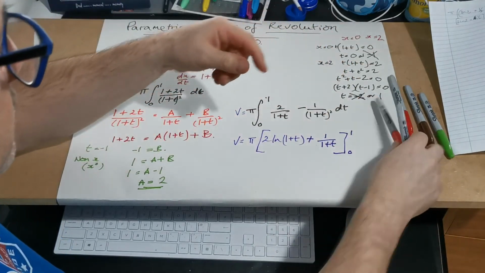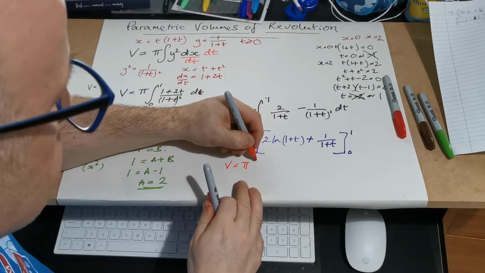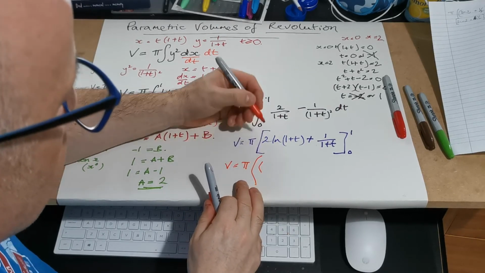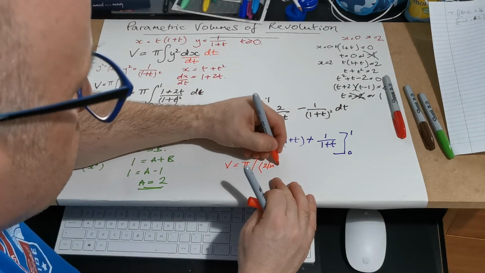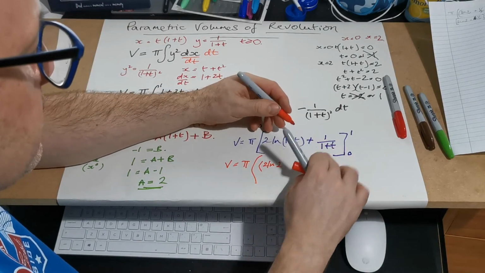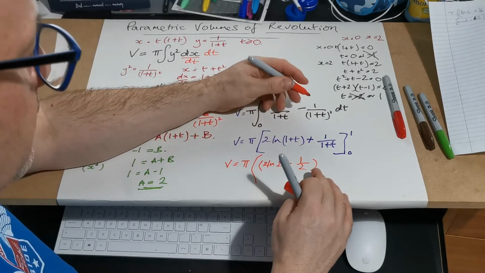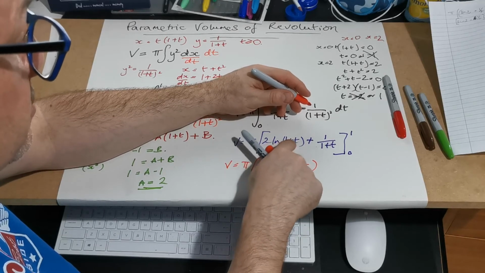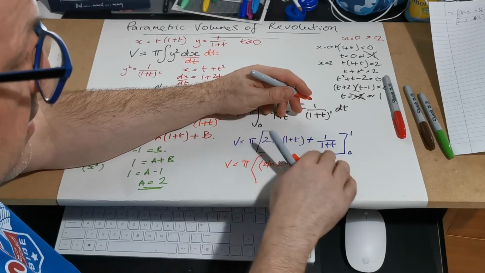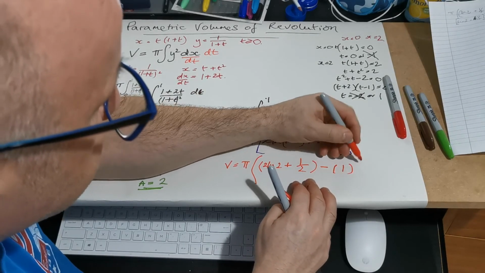So when I put 1 in, I've got 2 ln 2 plus a half, and when I put 0 in, I've got 2 ln 1, well ln 1 is 0, so that disappears, and this is 1 over 1, which is 1.